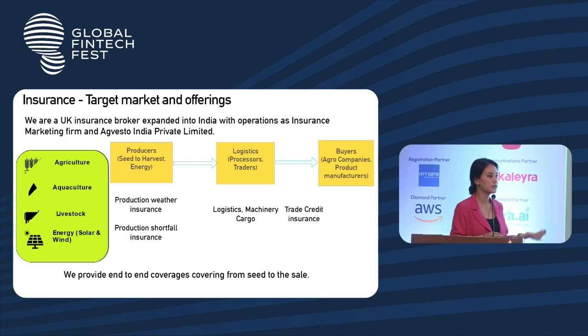We are providing production weather insurance, we are providing shortfall insurance. And when the produce is ready from the field, it is taken by logistics, where we are providing logistic machinery cargo insurance. And when it reaches the agri companies and product manufacturers, there we have trade credit insurance.